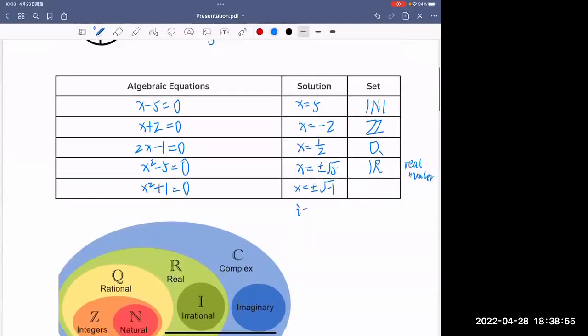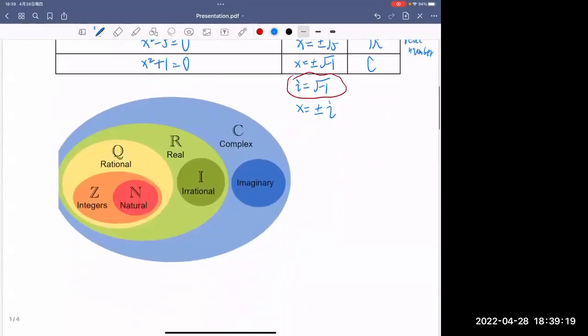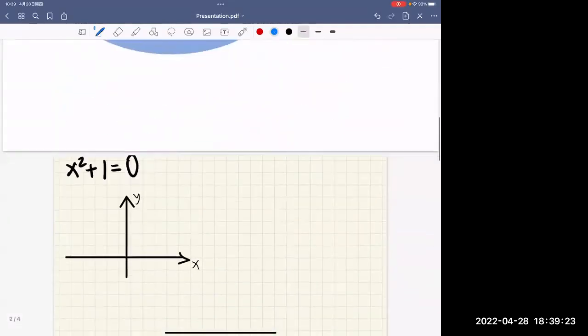So i represents the square root of -1. Now we can also write x equals plus and minus i. We call these complex numbers, represented by the letter C. So the graph here clearly illustrates the inclusions of different kinds of numbers.